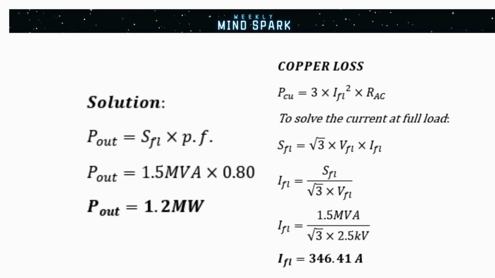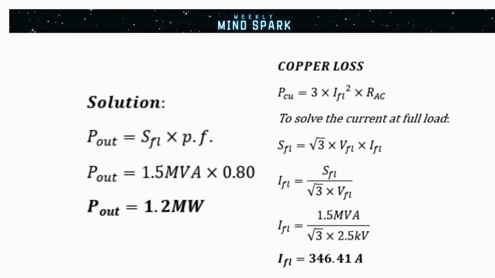Multiply it by the PF, which is the power factor given as 80%, or 0.8. So the output power of the alternator at full load and specific power factor is 1.2 megawatts.